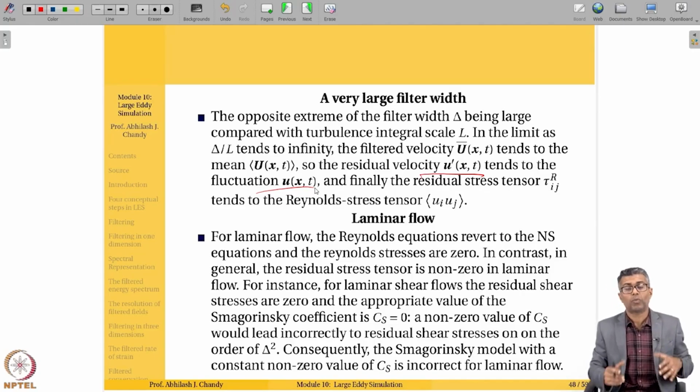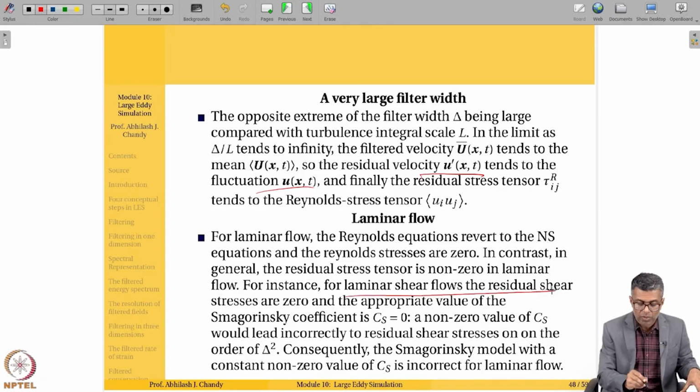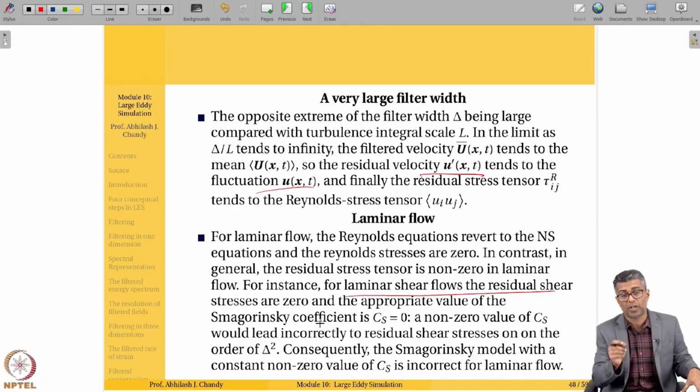Another limitation is, what if this is applied to a laminar flow? For laminar flow, the Reynolds equations essentially revert to the Navier-Stokes equations, and the Reynolds stresses are 0. On the other hand, in LES, the residual stress remains non-zero in laminar flow. Because for instance, for laminar shear flows, the residual stresses are 0 and the appropriate value of the Smagorinsky coefficient is C_S equal to 0, whereas a non-zero value of C_S would lead to incorrectly estimating the residual shear stresses to be non-zero.